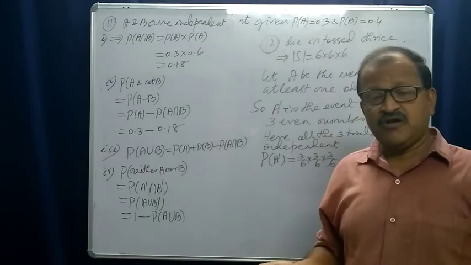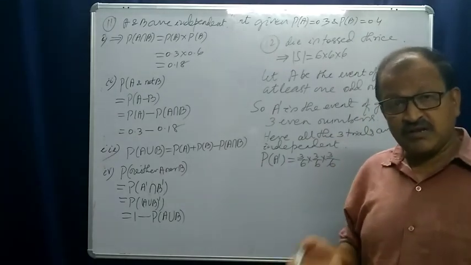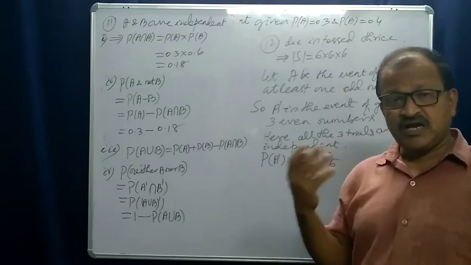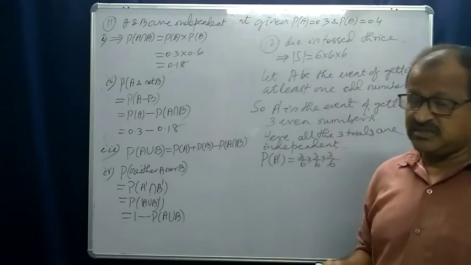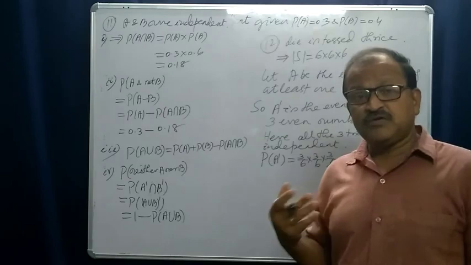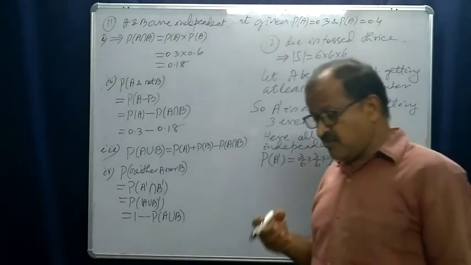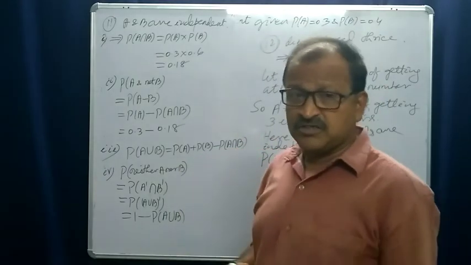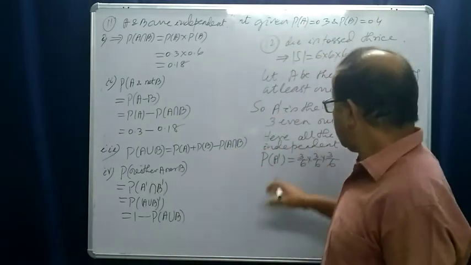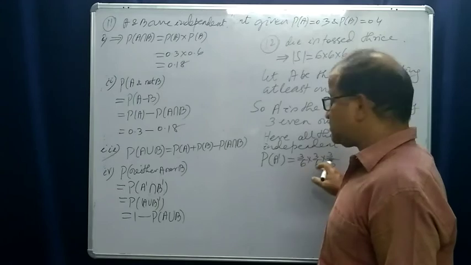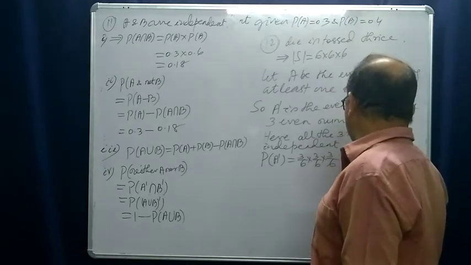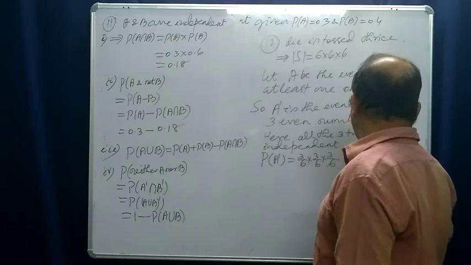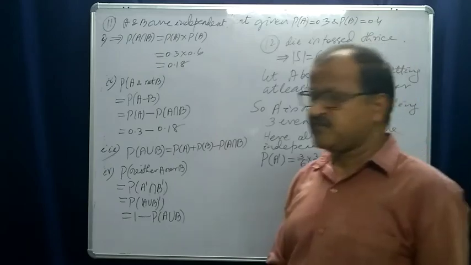Similarly, in the second trial, because they are independent, that is also 3 by 6, and the third is also 3 by 6. So it is 3 by 6 into 3 by 6 into 3 by 6, that is 1 by 2 into 1 by 2 into 1 by 2, that is 1 by 8.